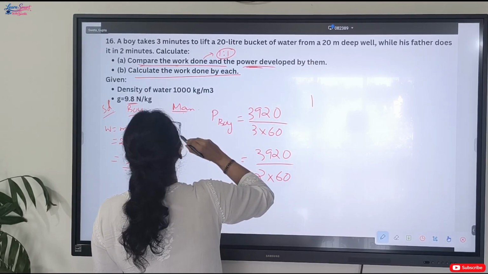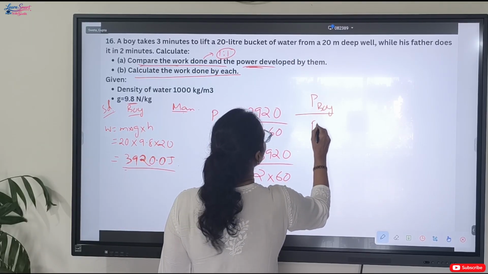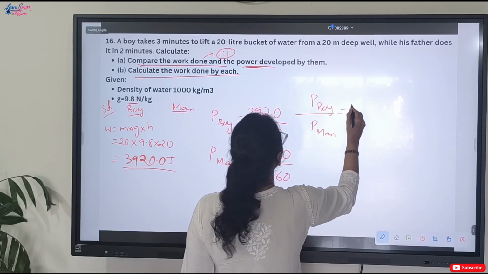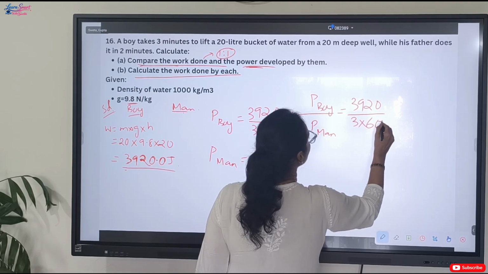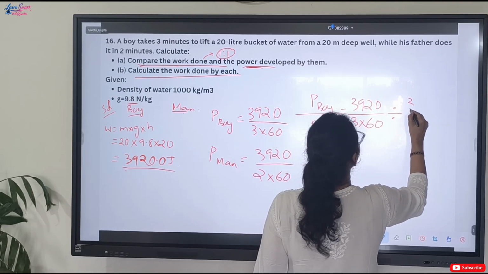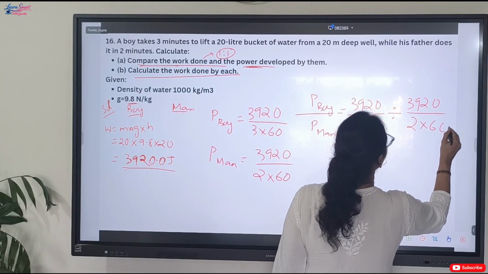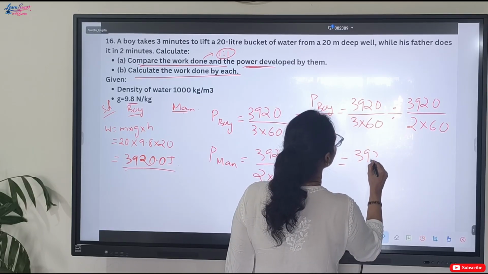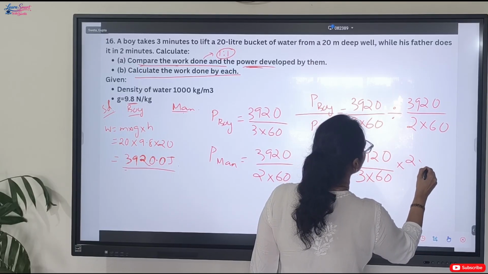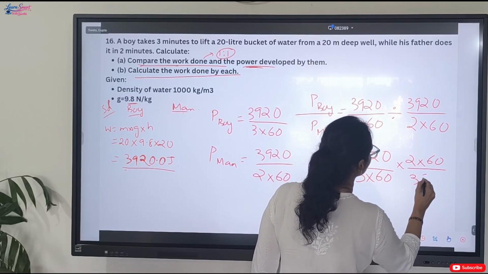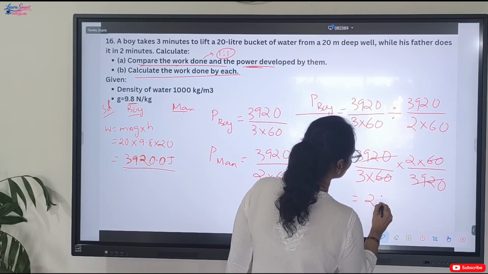So power of the boy upon power of the man will be equal to 3920 by 3 into 60 divided by 3920 by 2 into 60, and we will get, so simply you get 2:3.